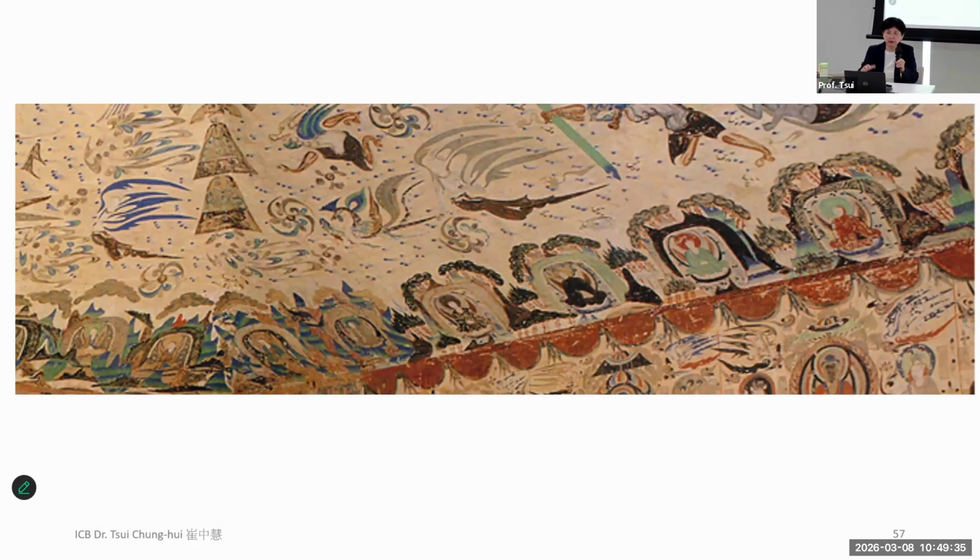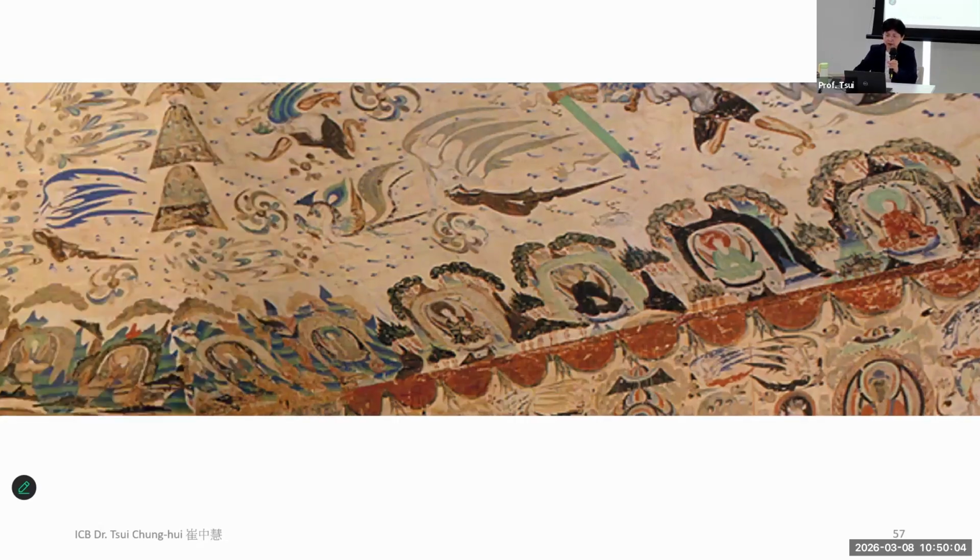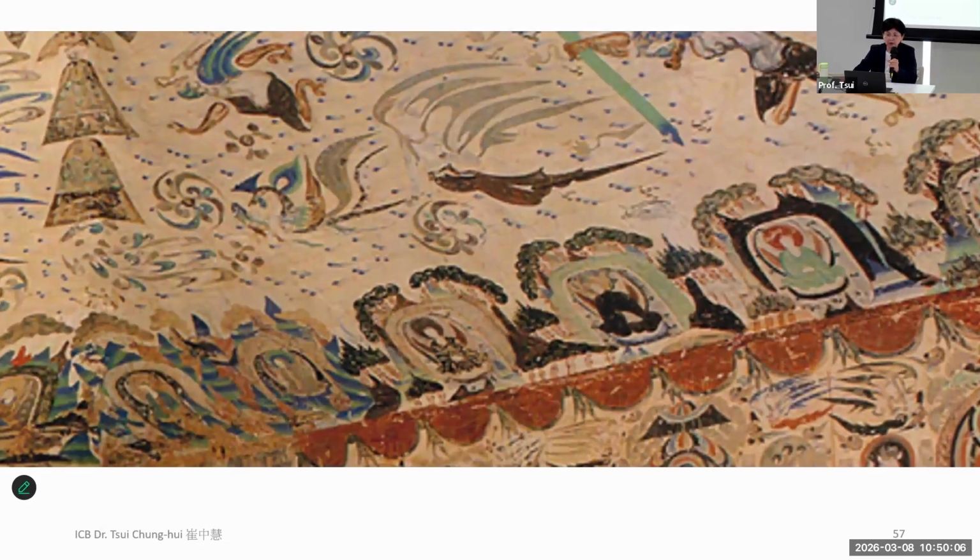How can we identify they are practicing meditation in a forest? Because you can find the pattern of a tree, and also the pattern of the mountain. The tree and the mountain side by side indicate they are practicing meditation in the forest.